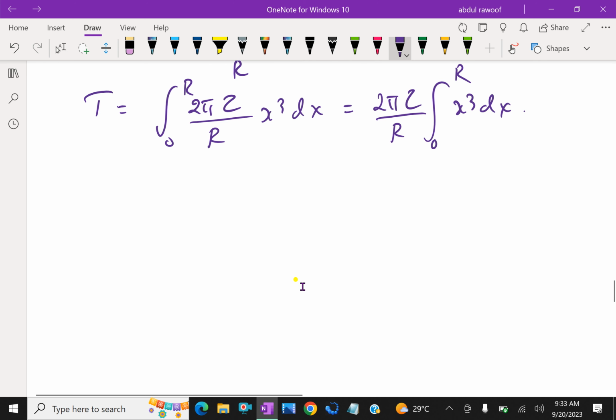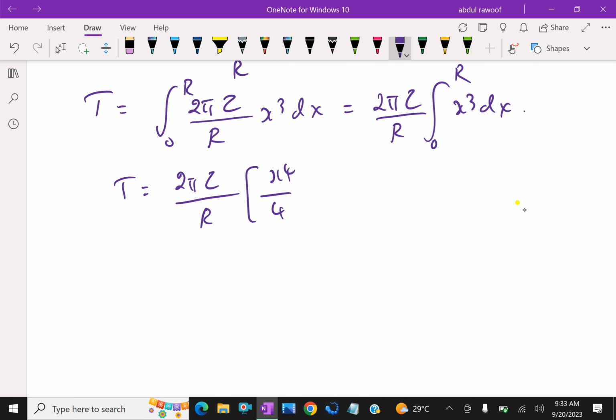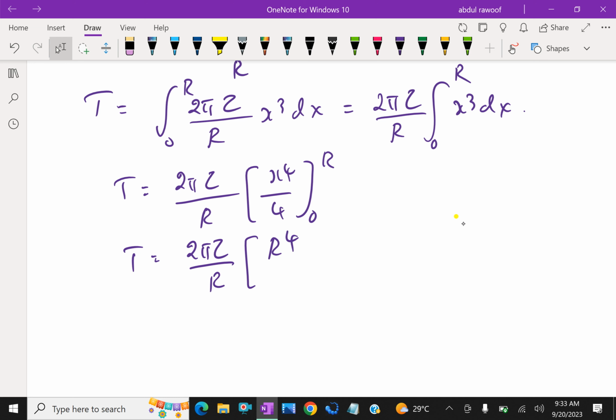Integrating, x cube becomes x power 4 by 4, with the limit 0 to r. Substituting x as r, we have 2 pi tau by r, r power 4 by 4.